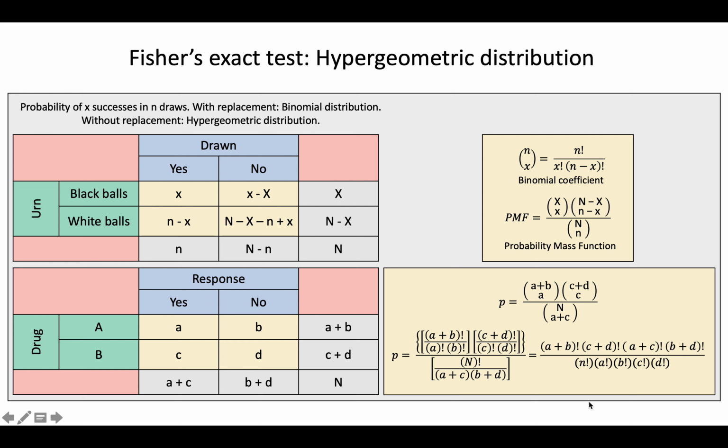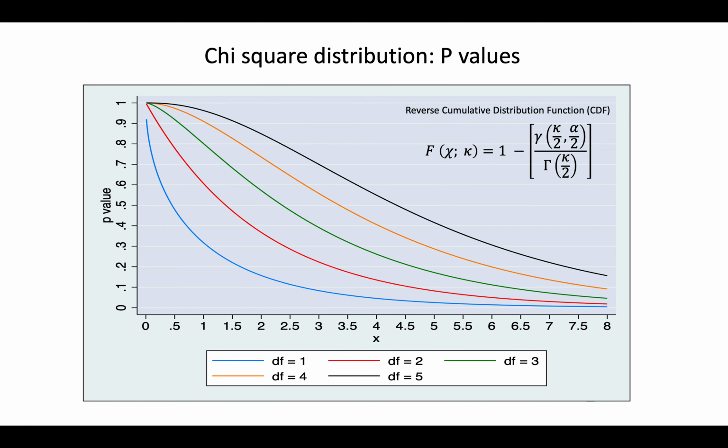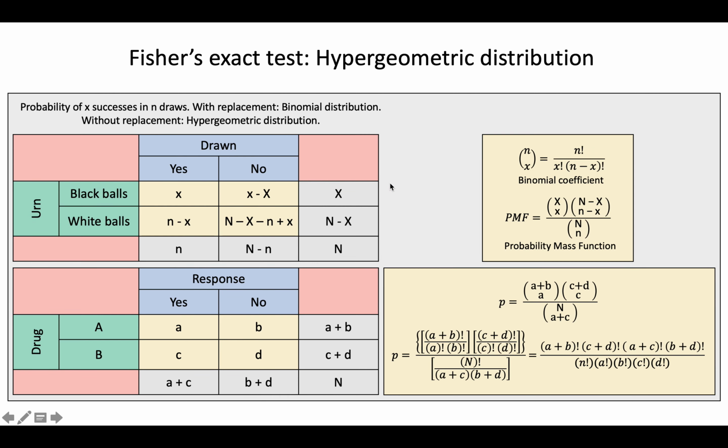The p-value reported from the chi-square distribution is just an approximation, and the p-value of the Fisher exact test is, as the name suggests, exactly the p-value for that distribution, for that hypergeometric distribution.